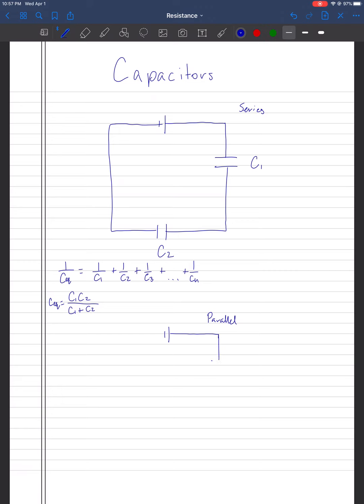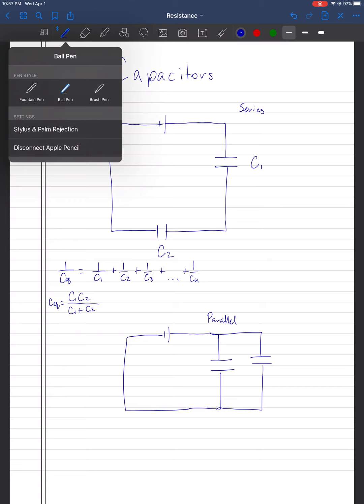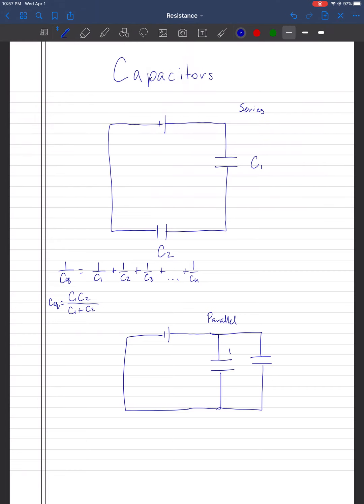But if I have parallel capacitance, you just do this for now. That capacitance, literally, you're just going to add them up. So let's say this is my C1, this is my C2.